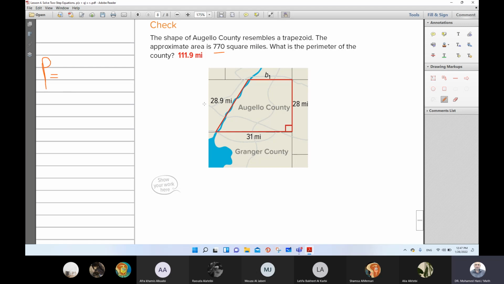The first side here, as you see, we have 28.9, plus the second side here we have B1. This is the missing value here. The third side we have 28.